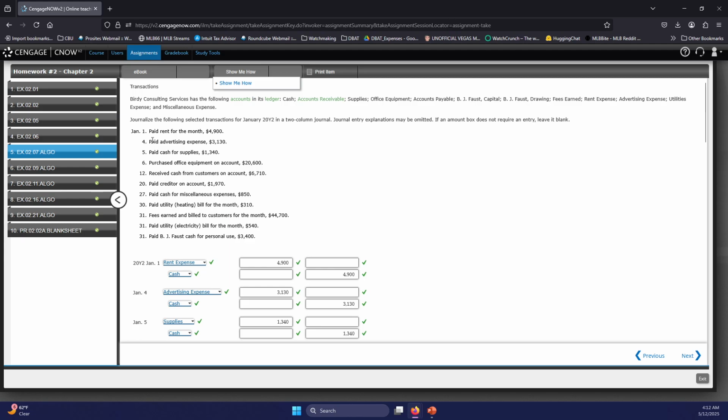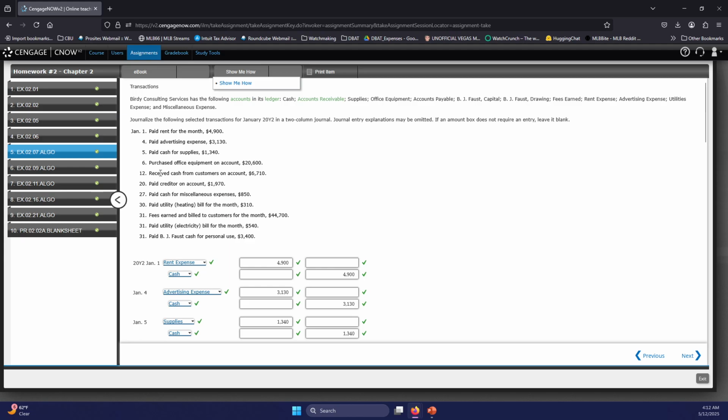If we had paid advertising expense of $3,130, we'd have a debit to advertising expense, $3,130, and a credit to cash for $3,130. If we paid cash for supplies, $1,340, we'd have a debit to supplies and a credit to cash for that amount.